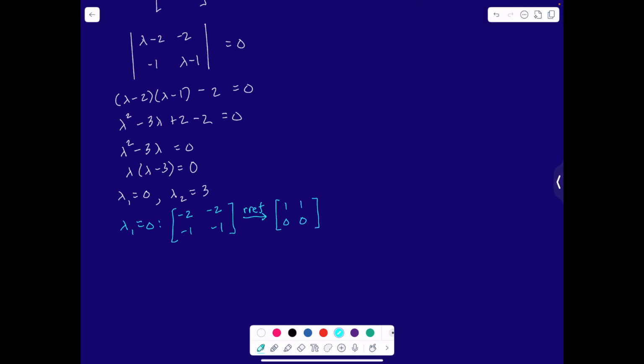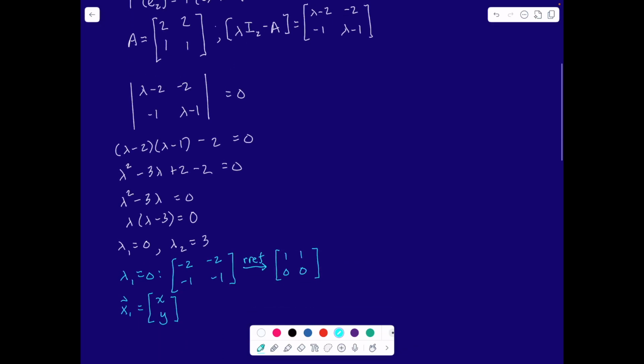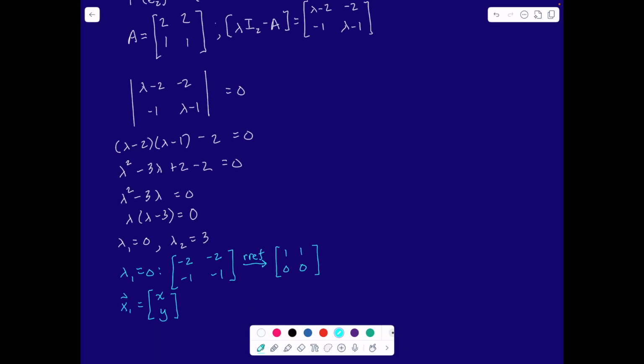Cool so far? If we think about our x1 vector, made up of x and y, well, with this one you have x plus y is 0, and so x is negative y.